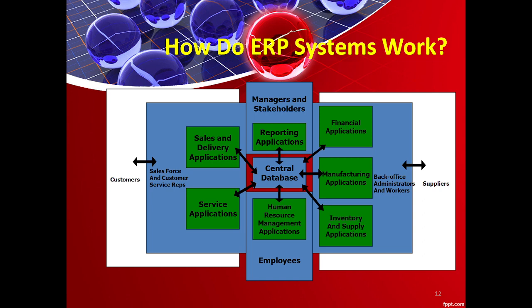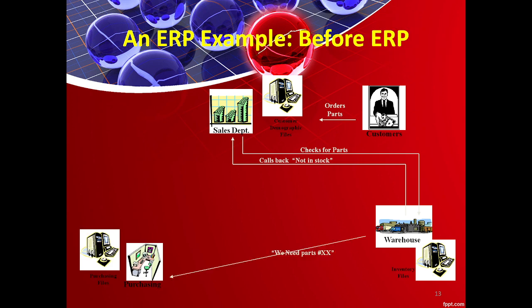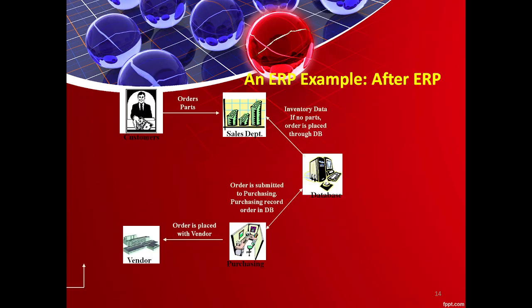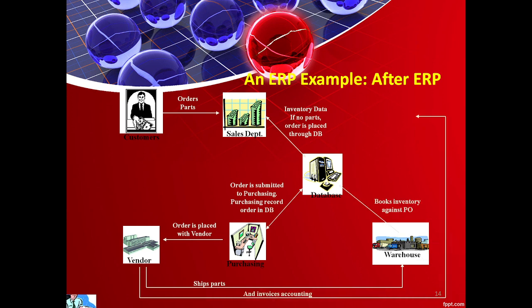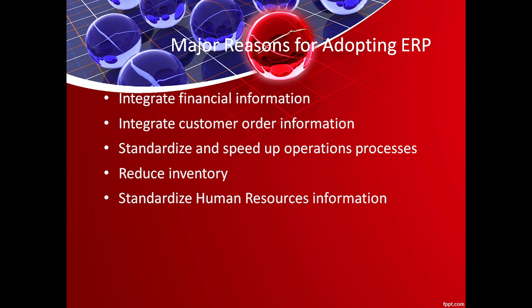How this ERP works, we have seen through this diagram. Before ERP and after ERP also, we have considered the subsystems when they are coordinated. Then the ideal ERP system, which starts with manufacturing, including financial, human resource, supply chain management, projects, CRM, data warehouse.